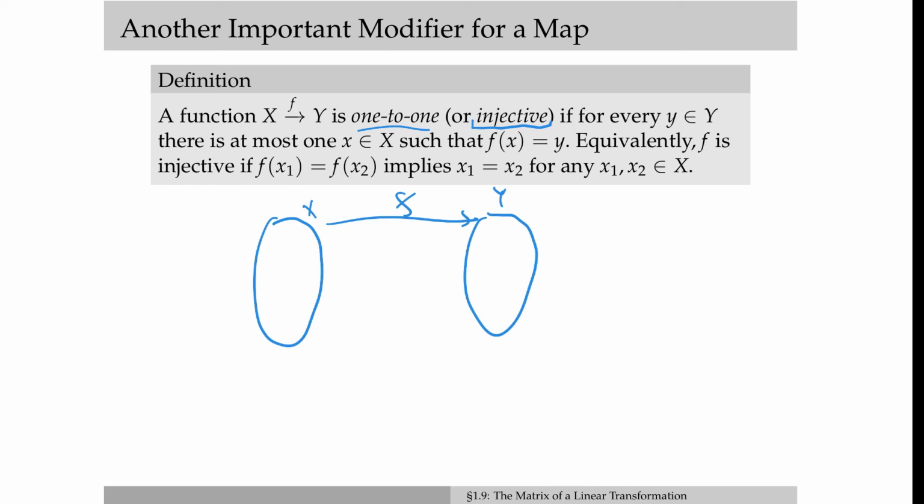So if I take anything over here and look at what mapped to it, there could only be one element that did this. Now, another way you can view this, and this is typically how people will view it, is if I have any two points over here that are equal, then they had to map from the same point. So in other words, if these are equal, then the things that map to them had to be equal.